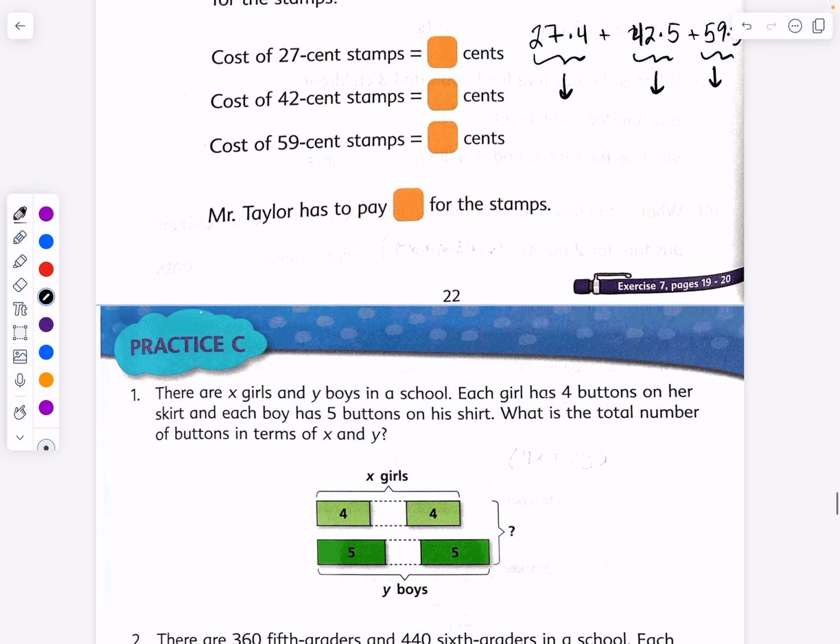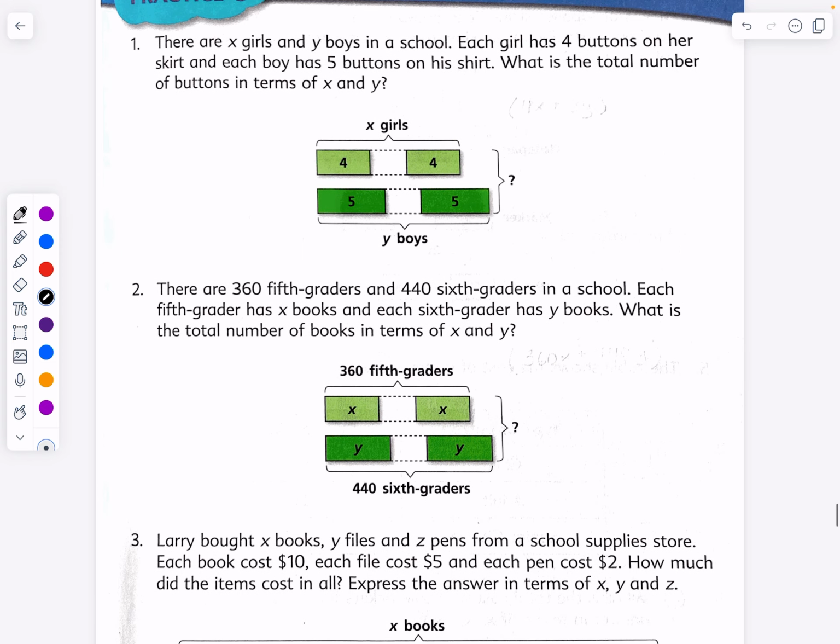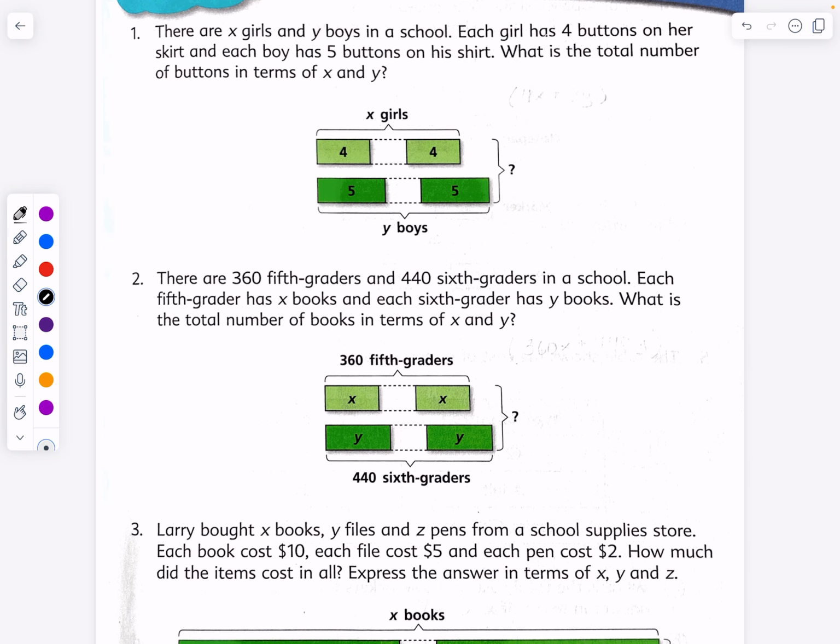Now, practice C. Let's consider additional problems. There are X girls and Y boys at a school. Do we know how many? No, X and Y. Each girl has 4 buttons on her skirt, and each boy has 5 buttons on his shirt. What is the total number of buttons? One girl has 4 buttons.